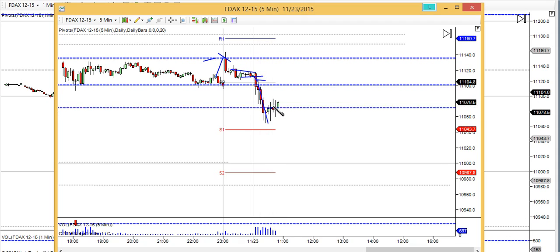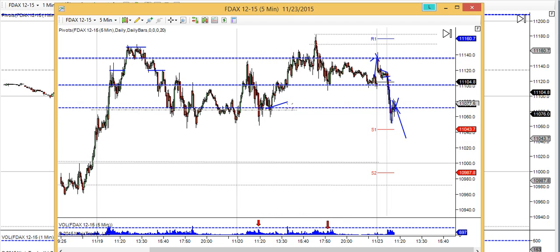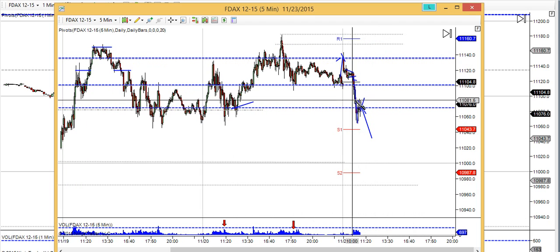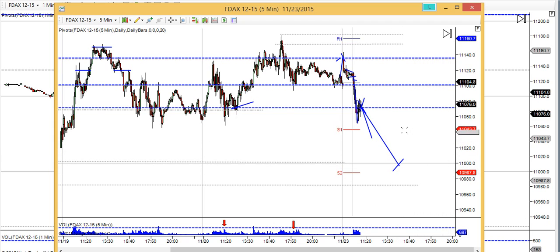Now the idea is that if price holds below here, 1170s, which is the initial balance low from last session, which is this level, then it will be more constructive to the downside, and initially will visit 11,000.